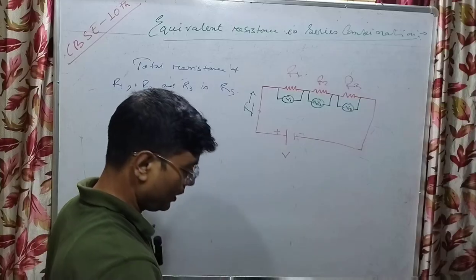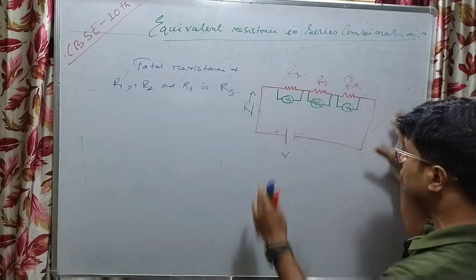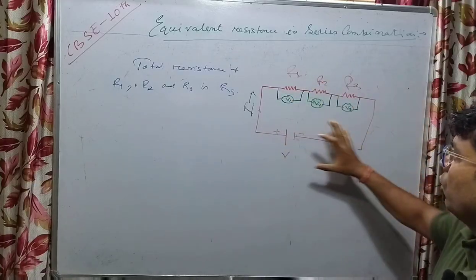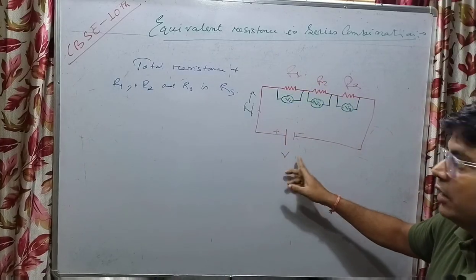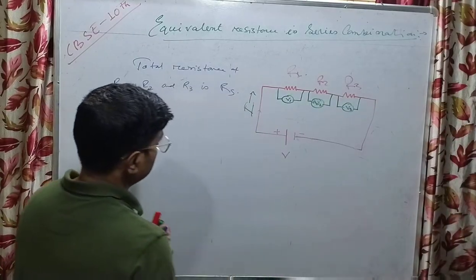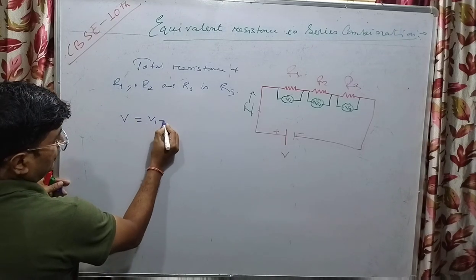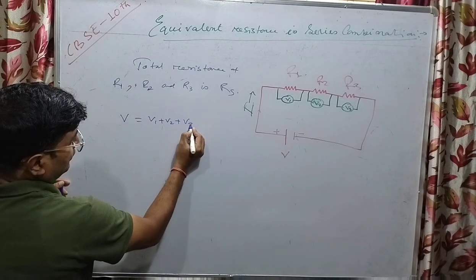And another thing, the potential difference of the whole circuit is V. V is equal to V1 plus V2 plus V3.